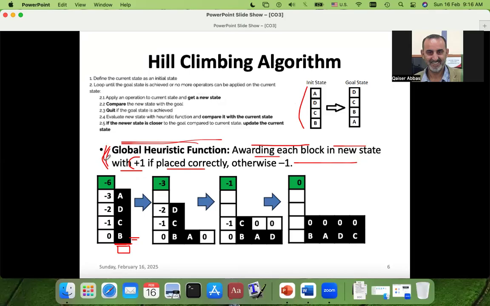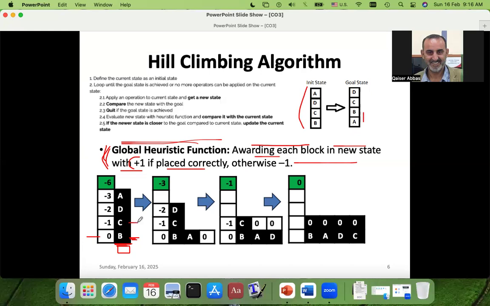I'm not saying this on my own, it is according to this heuristic. Now this B is on the ground, so we cannot say it is properly placed, because according to this goal it should be on A, but that situation is not here. So we remain neutral and give 0 here.